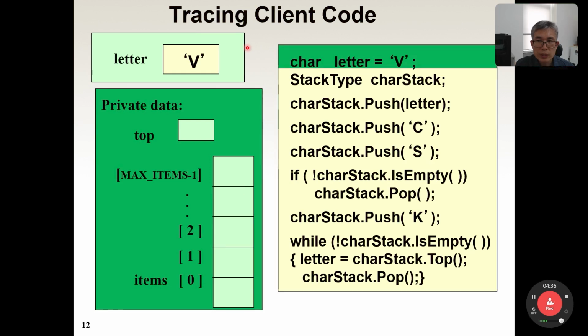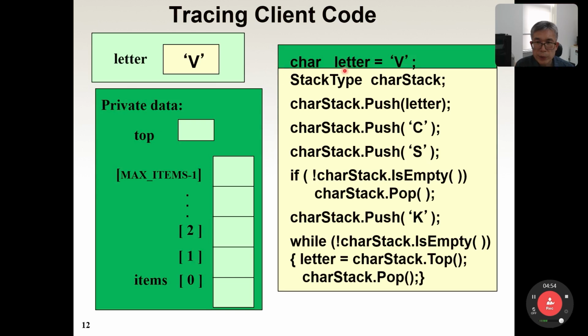So we can take one example, tracing the client code. This is the value of a letter character, this is the private data top index, and this is the stack items array.